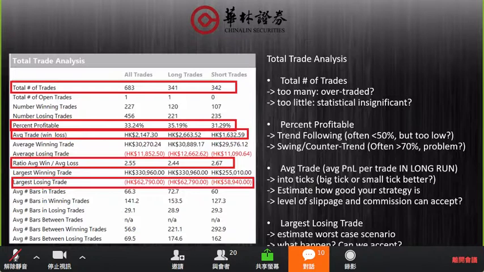Then you will think of that number yourself. So one factor is the length of the data that you use, and the second factor is the nature of the strategy that you use. The frequency of the trade affects the numbers that you will see.